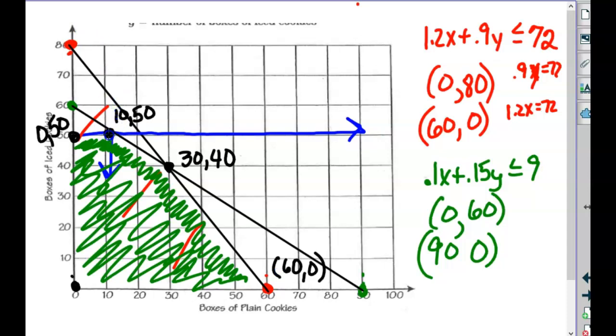I'm not really confident about that (10, 50) one. Is yours crossing at (10, 50) or not? No, it's like (15, 50), I think. Okay, so if y is 50 in the green equation, somebody do 9 minus 0.15 times 50, and then divide that by 0.1.